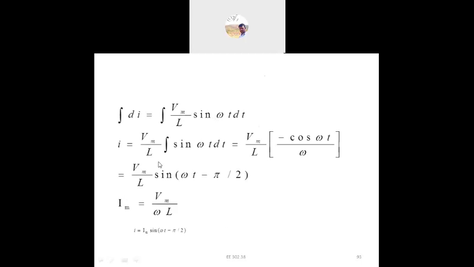From that, I is equal to Vm by omega L sin of omega t minus pi by 2, so the angle is 90 degrees. The maximum value is obtained at 90 degrees. So I is equal to Im sin of omega t minus pi by 2. That is what we have obtained.